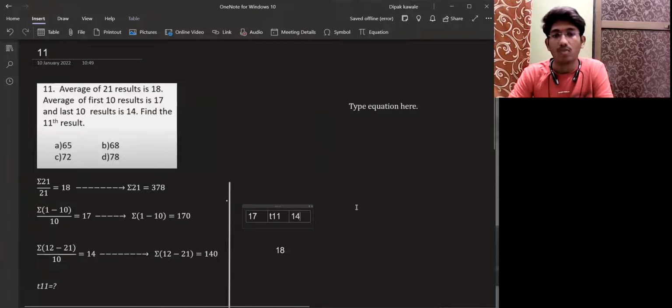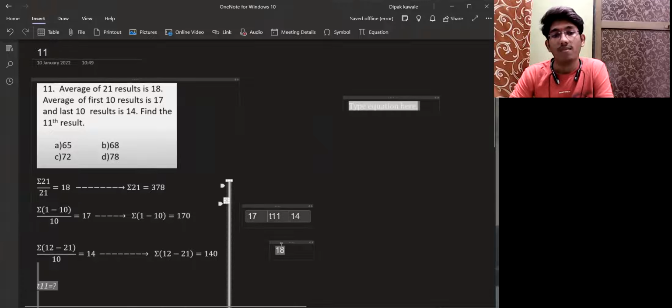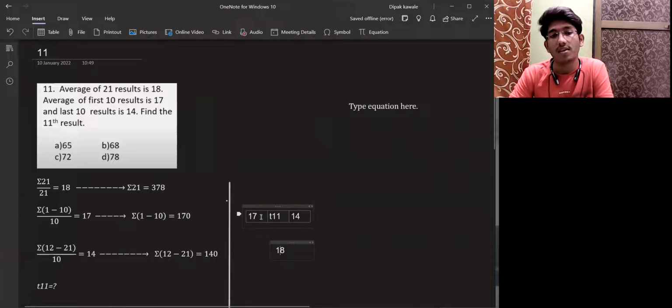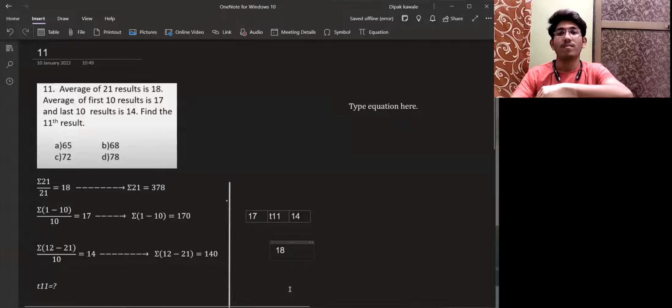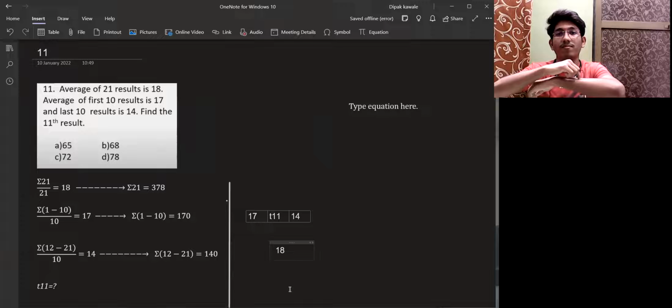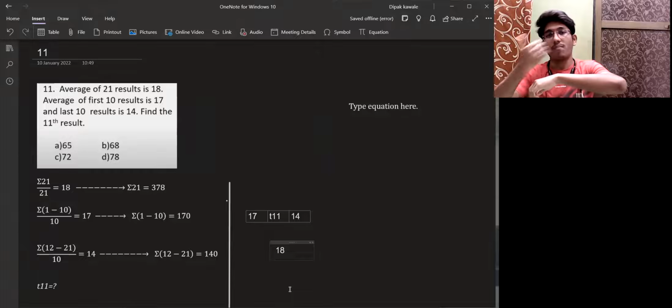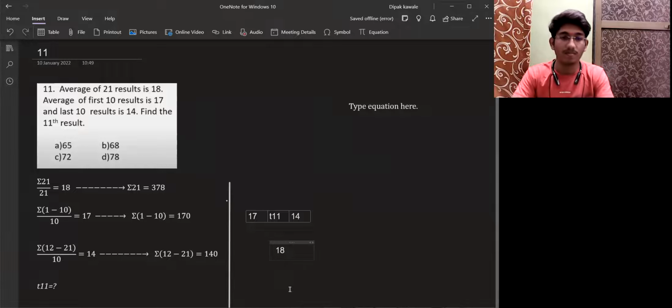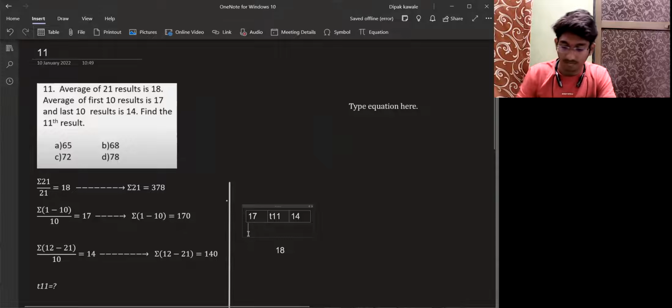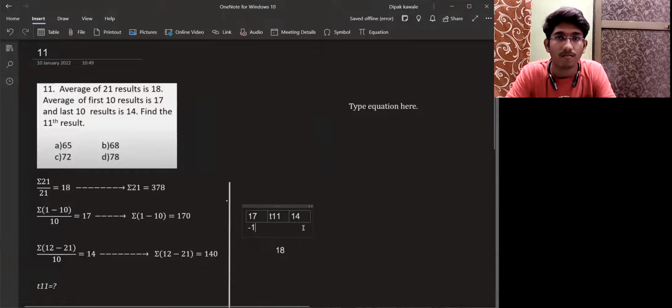Now students, tell me how far 17 is from 18? This is 18. So we have to go one step back. 18, 17. That means minus 1. Correct. How far is this 14 from 18?